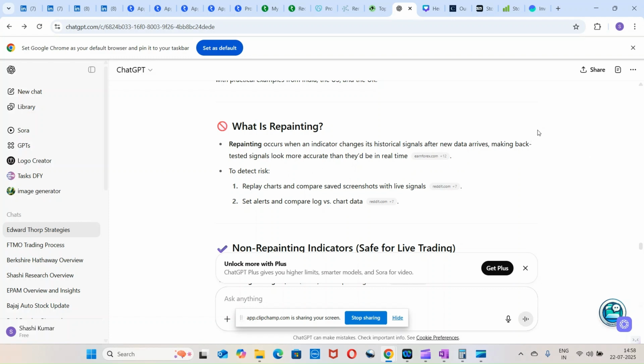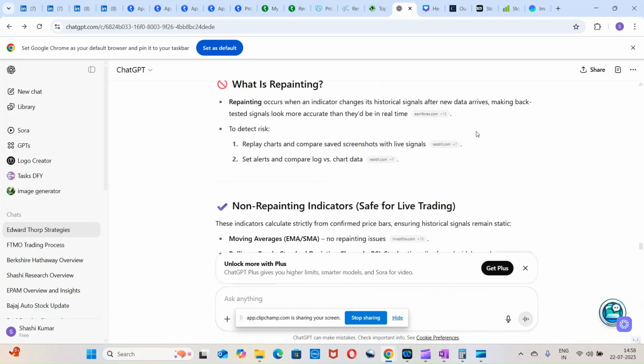But in real time, that indicator will be changing a lot, and you won't be able to take that trade. Other than psychology and position sizing, this signal also affects your trade. So in backtesting it looks accurate, but in real time that's not the case. That's what happens when repainting occurs.